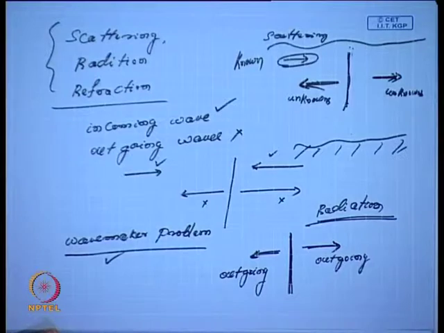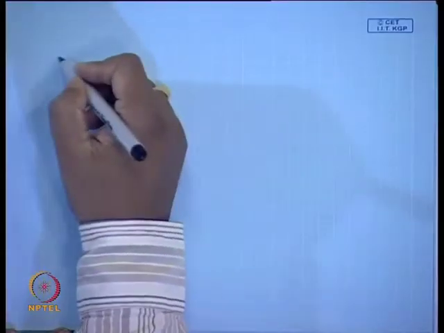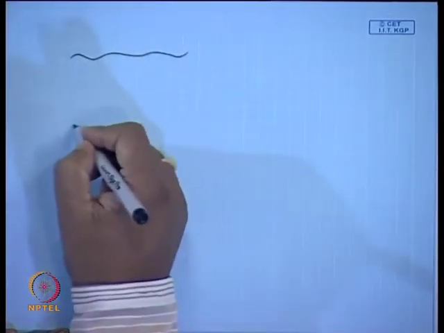Okay. With this physical understanding of a scattering problem and a radiation problem, let us see how we look into these problems in practice in the case of water waves. Here we are all acquainted with the basic equations. Suppose I have a wave equation.